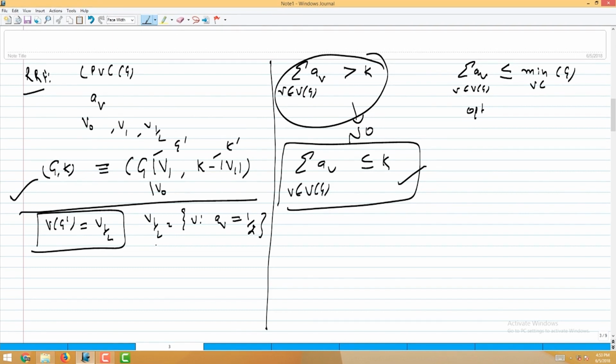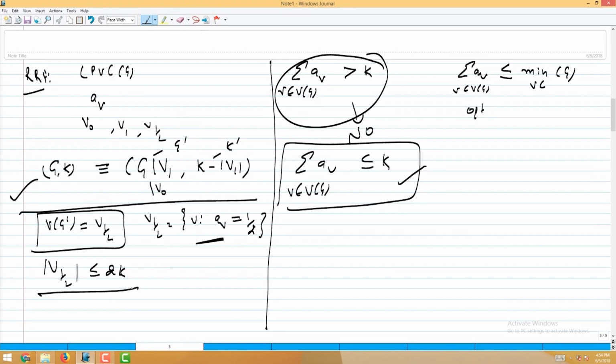And I know the sum of AV values is at most K. So what is the size of the V half set? If the size of V half is strictly greater than 2K, then when you sum up the AV values of these more than 2K vertices, will they add up to at most K? No, right? So basically, the size of V half is at most 2K, because if it was more, then when you sum up the AV values of these vertices, the sum would exceed K.